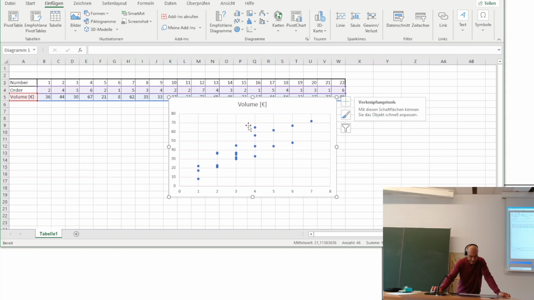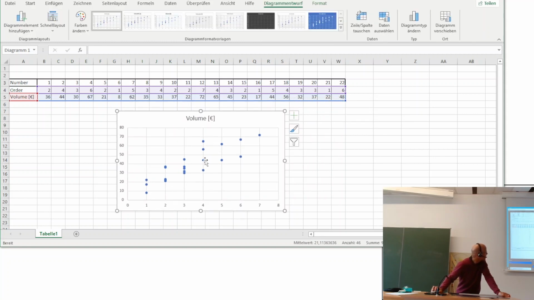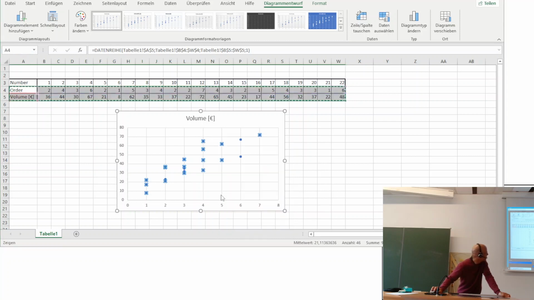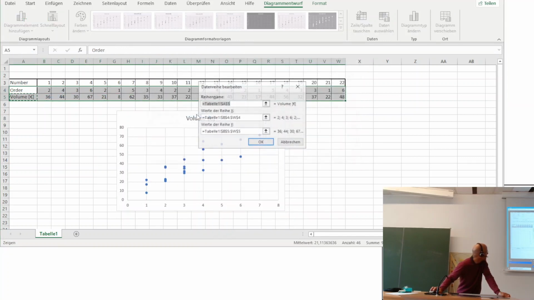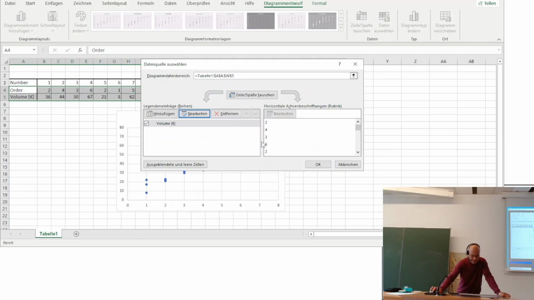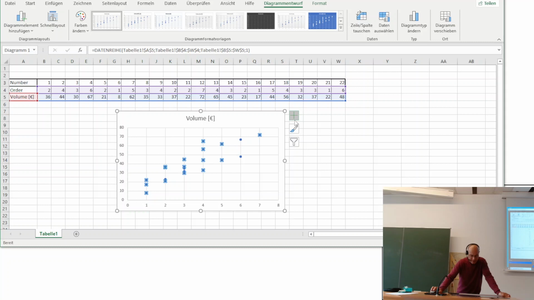I do it always because sometimes I'm not sure what is X and what is Y. So click within the data series, data, and then we see here X is order, because you see this is highlighted right now. So everything is okay. And for the representation, we should also write down on the X and Y axis what we find there.